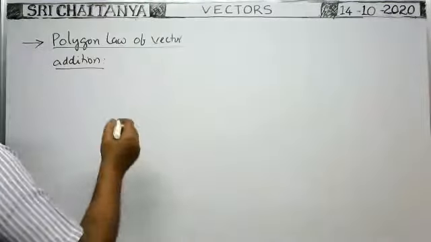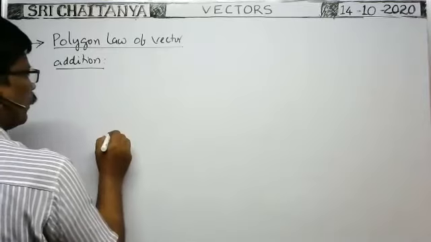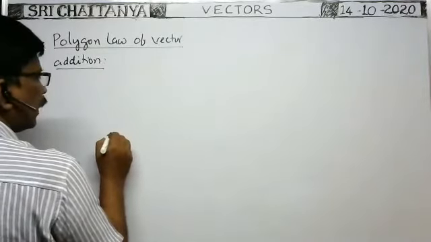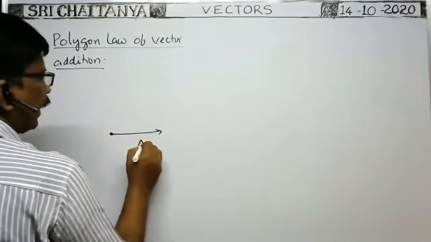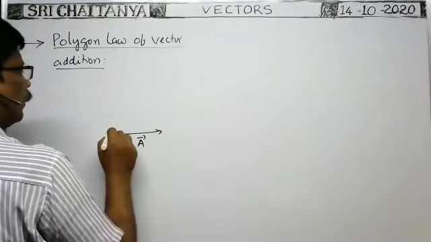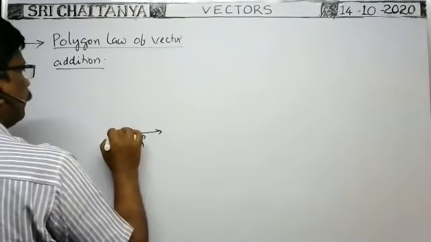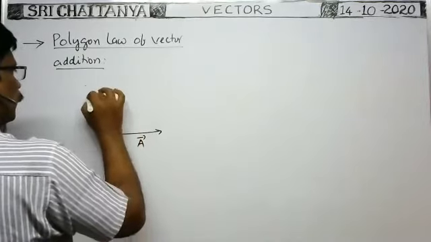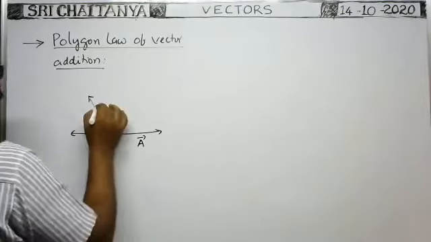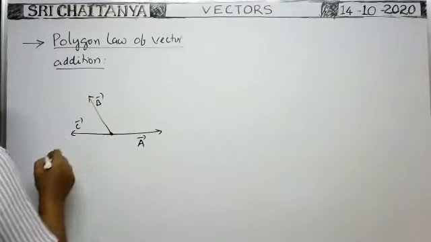So here, suppose on a particle there are different forces. A acts in this direction. Next, B acts in this direction. C acts in this direction, B bar, C bar.